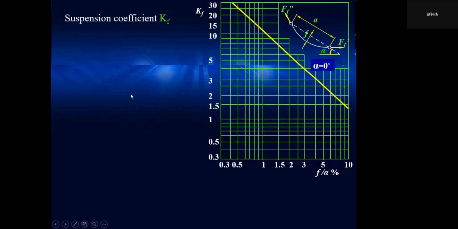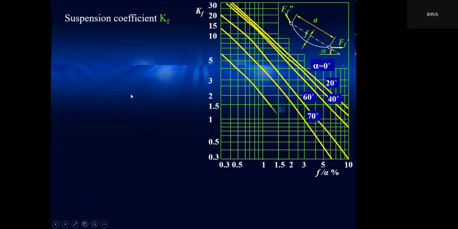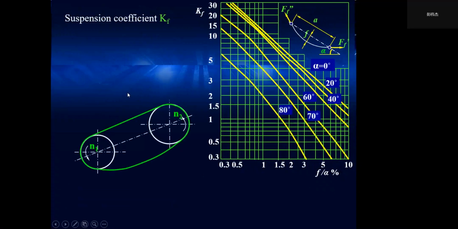And we have this: if the ratio of f to a increases, the KF will decrease. Okay.